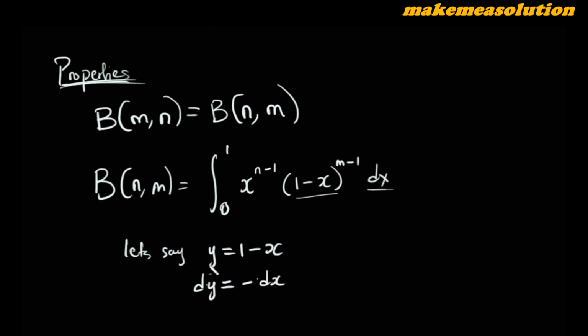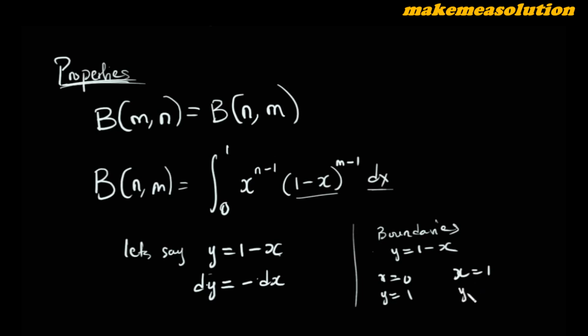When you differentiate both sides with respect to x, dy will be minus dx. Then for the boundaries, when x is 0, we already have that y is equal to 1 minus x. So when x is equal to 0, if you slot in 0 here, y will be equal to 1. When x is equal to 1, if you slot in 1 here, y will be 0.